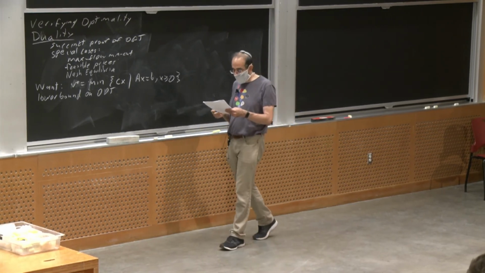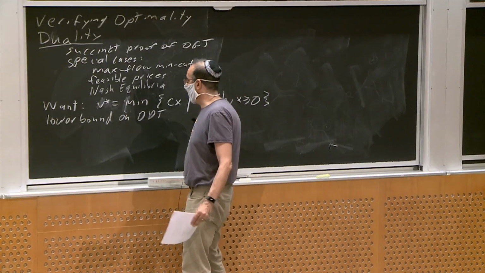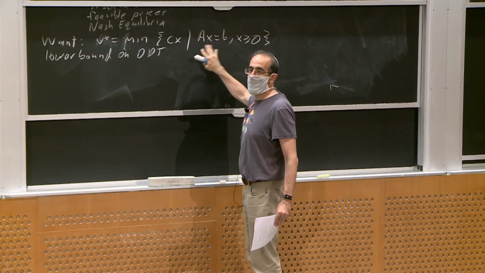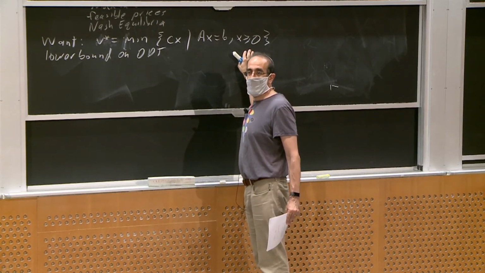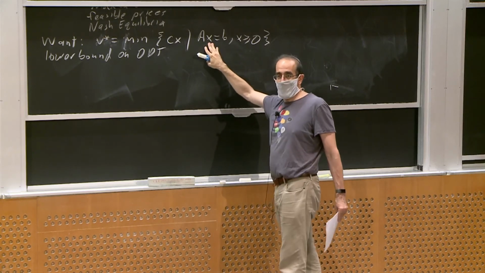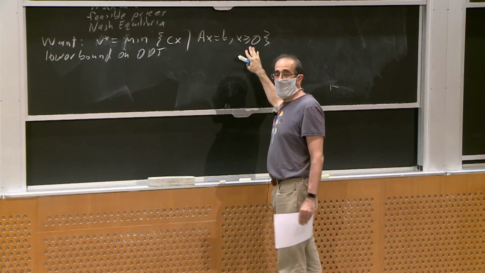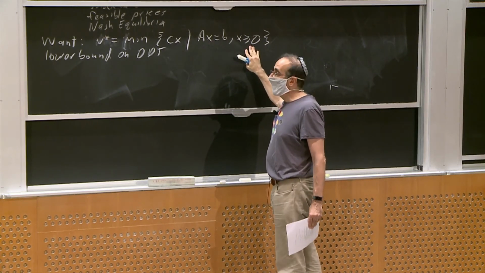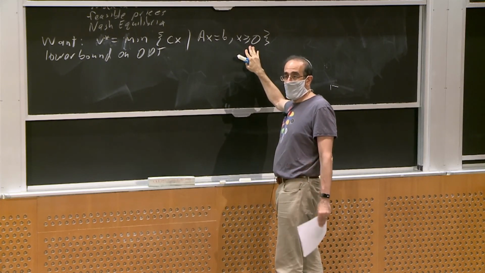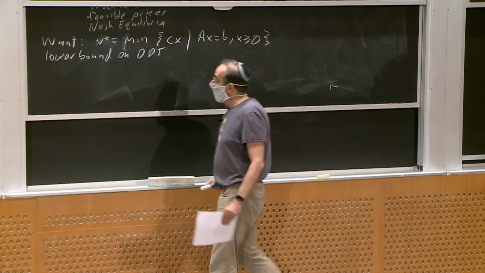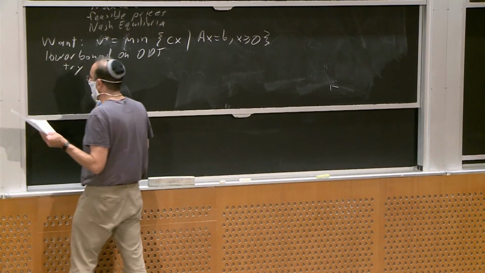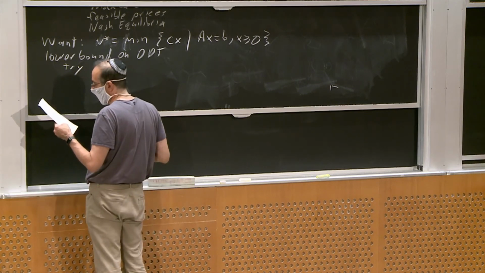So how can we construct a lower bound that applies to all the feasible points in this linear program? Right? So a feasible point is a point for which Ax is equal to b and all the x's are greater than or equal to 0. What kind of lower bound applies to all of them? Well, one thing we can do, this is like substitution in algebra.